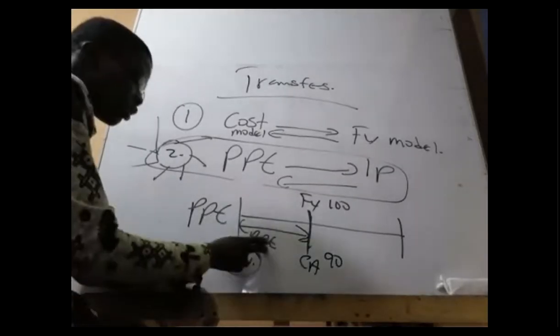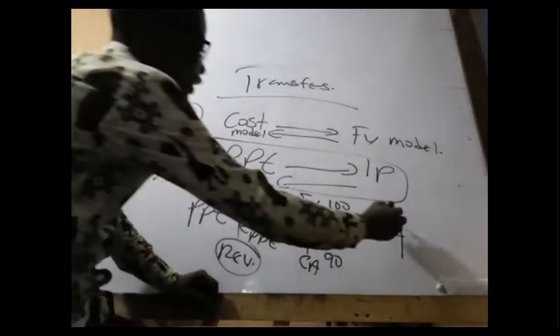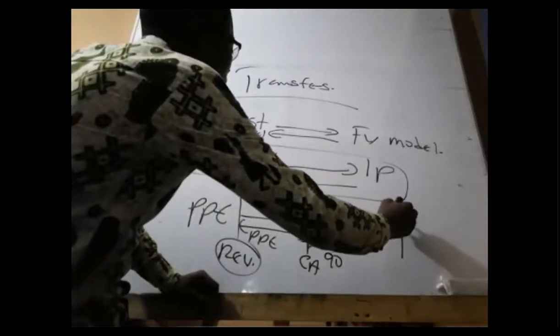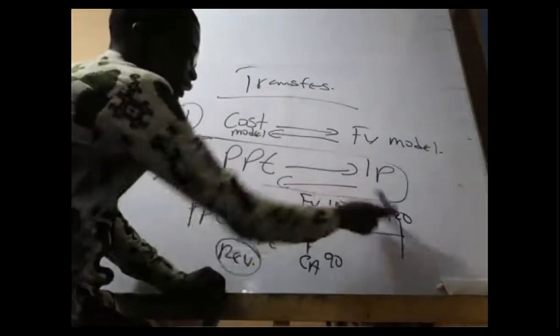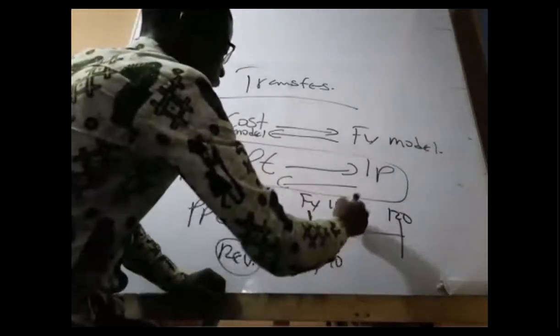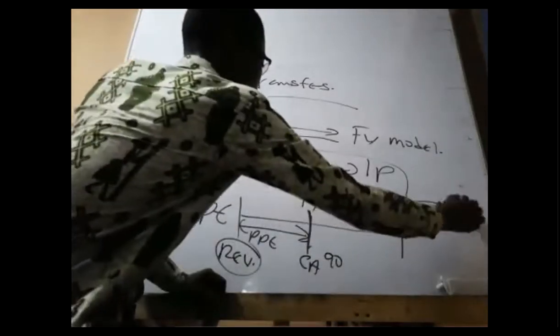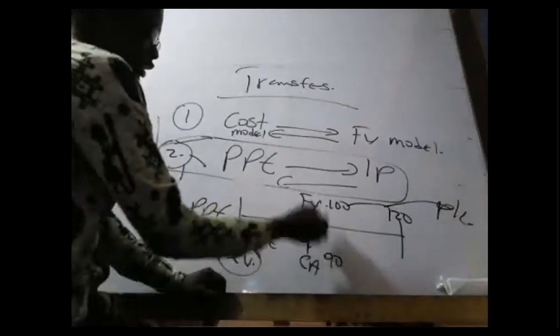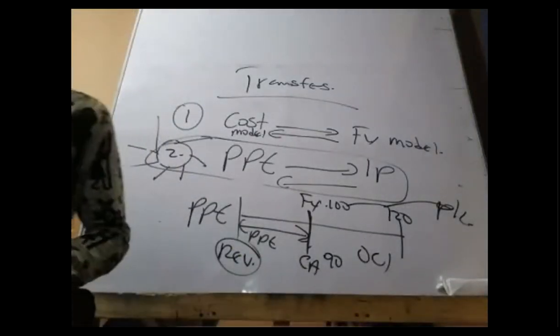Then at the end of the reporting year, let's say it is 120. The difference between this and this goes to the P&L, whereas the difference between this and this goes to OCI. That's the difference. Okay, so we are done.